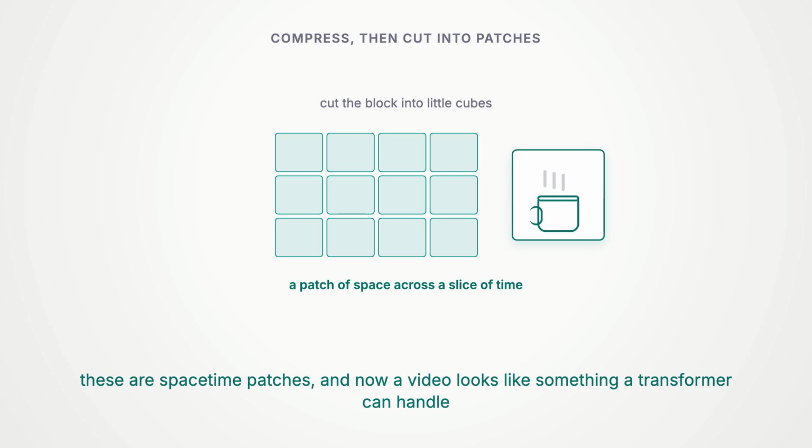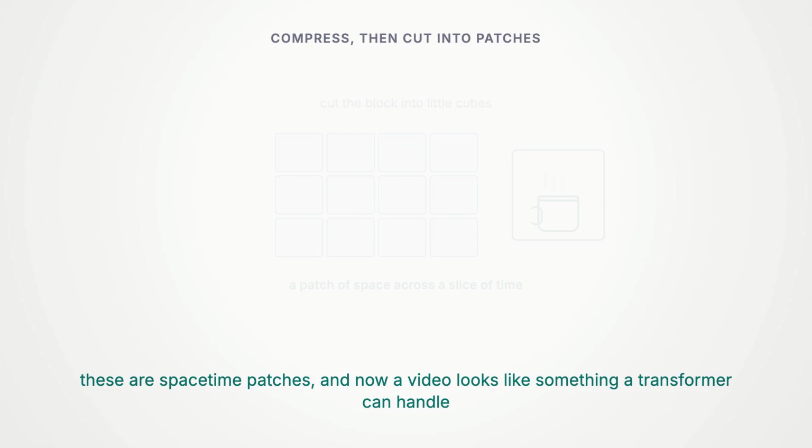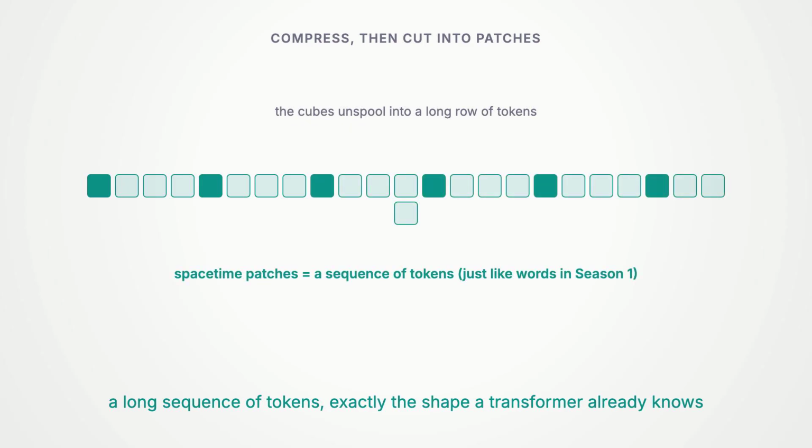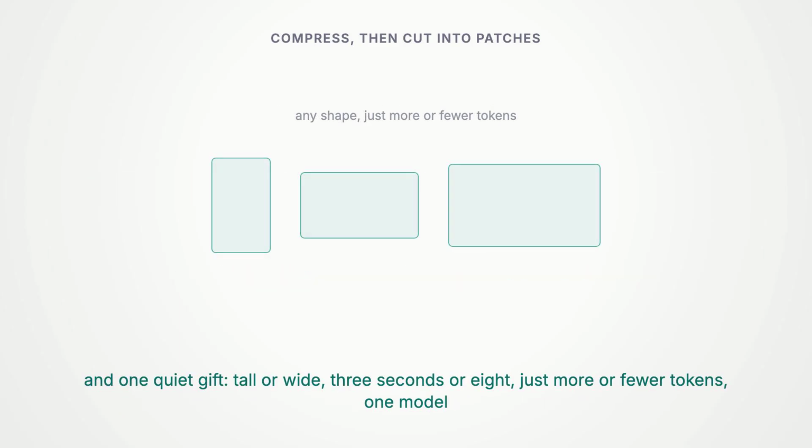These are spacetime patches, and the instant you have them, a video looks like something a transformer already knows how to handle. A long sequence of tokens, and one quiet gift falls out. Because the model just sees a bag of tokens, it does not care whether the video is tall or wide, 3 seconds or 8, square or widescreen. More tokens, fewer tokens. One model, any shape.